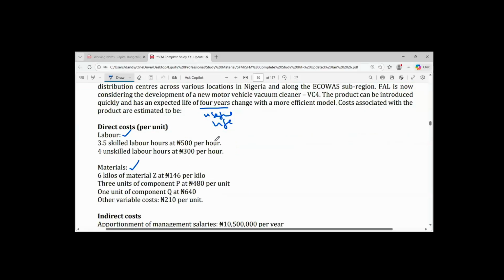So we are given labor. Let me switch. Open your material so that this will save our time. Let me switch to working notes so that as we are reading it, we'll be solving. We don't need to read everything before we begin to solve. Let me first of all put the solution.